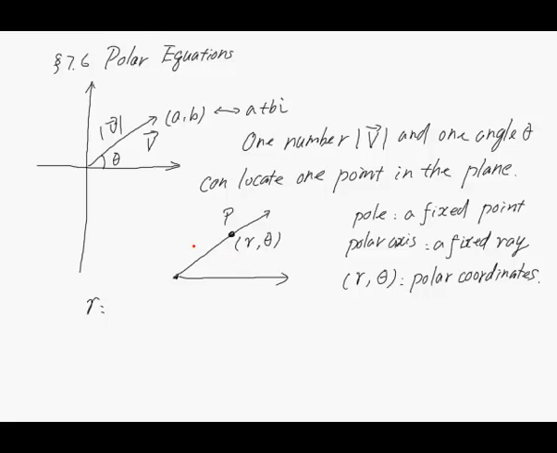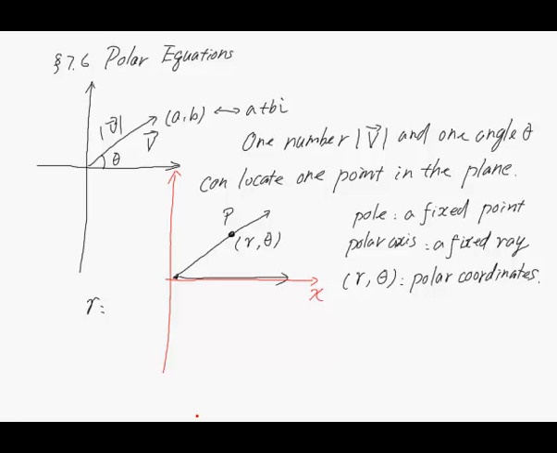So we may also draw rectangular coordinates imposed on this polar system. So let me use another color. So this y-axis, and generally the x-axis, the positive x-axis, just coincides with the polar axis.